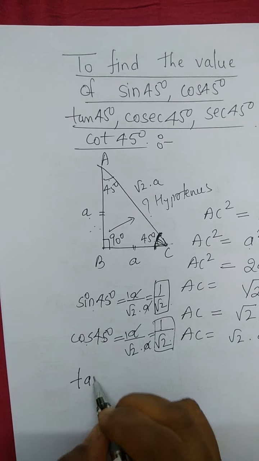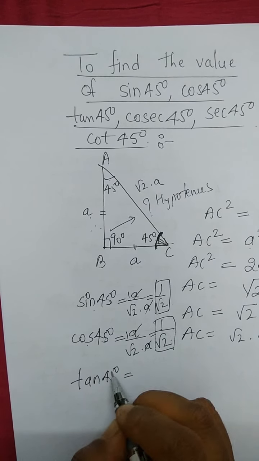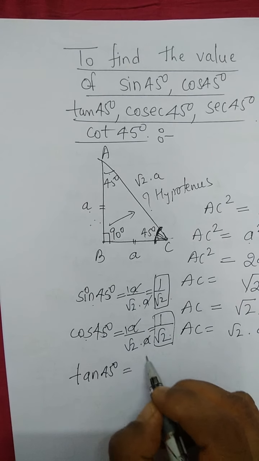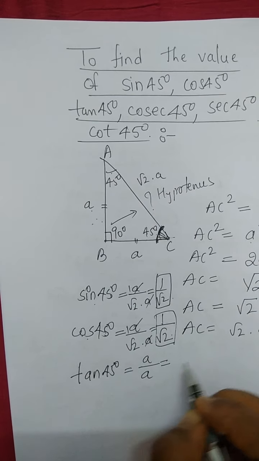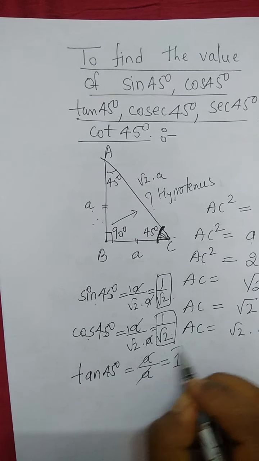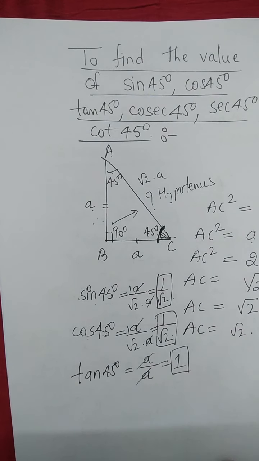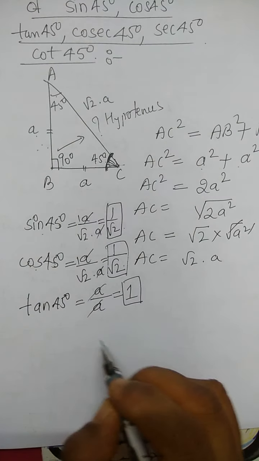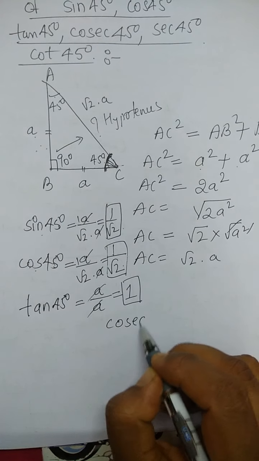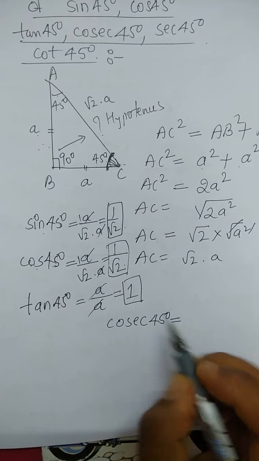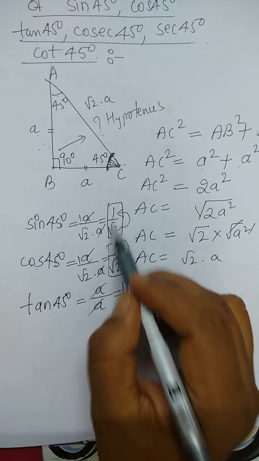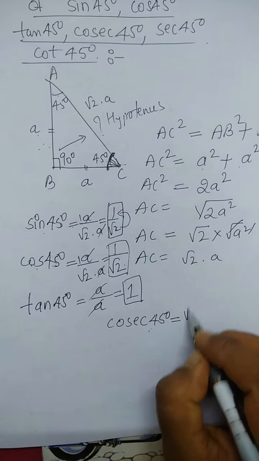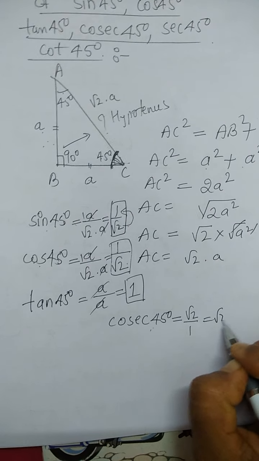And then is tan 45 degree. Opposite upon adjacent. Opposite is a. Adjacent is also a. So a cancel. You get 1. Tan 45 degree angle is 1. Now what you have to do? Yes, multiplicative inverses. Cosec 45 degree. Cosec is the reciprocal of sine. So 1 by root 2 is the sine, so this will become root 2 by 1, means root 2.